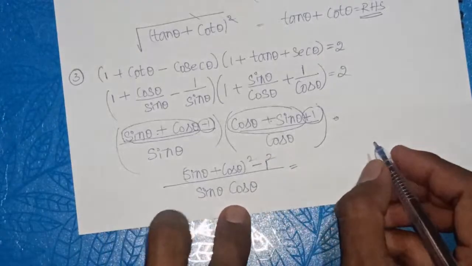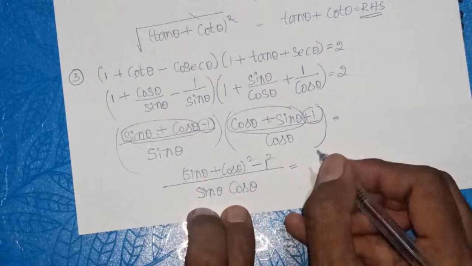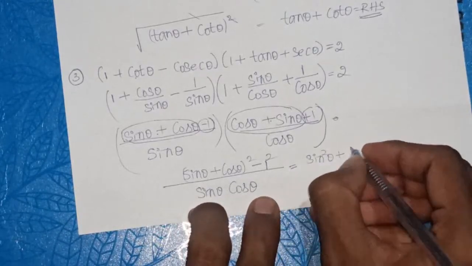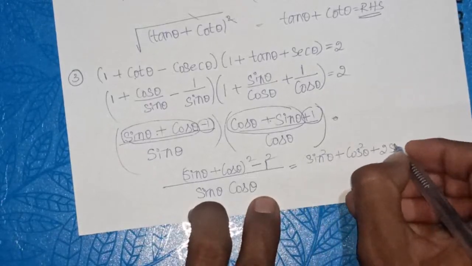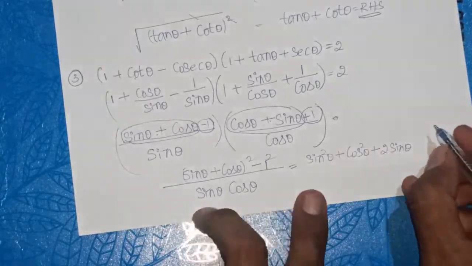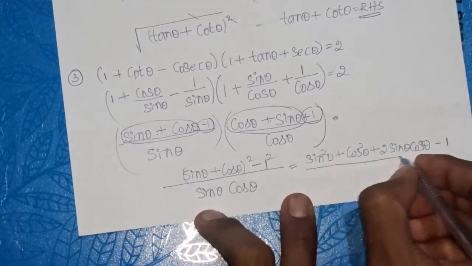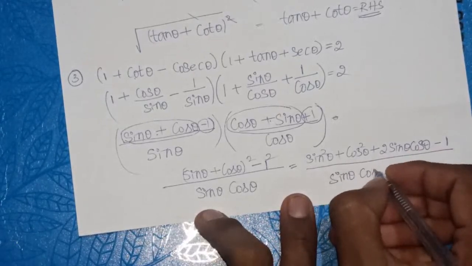Therefore, it will be equal to sin square theta plus cos square theta plus 2 sin theta cos theta minus 1 divided by sin theta into cos theta.